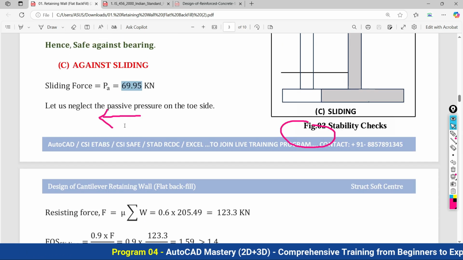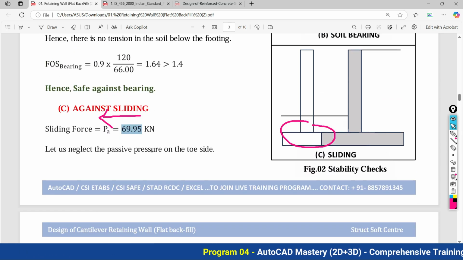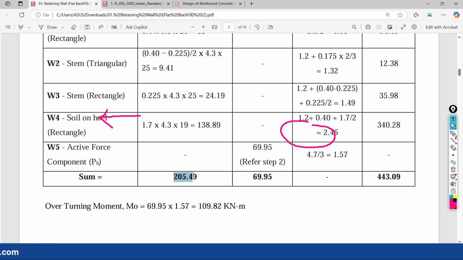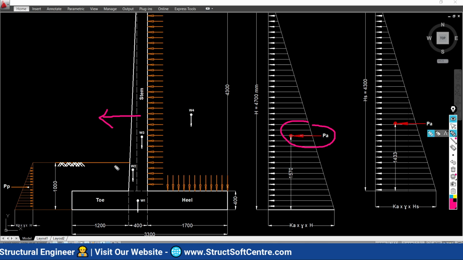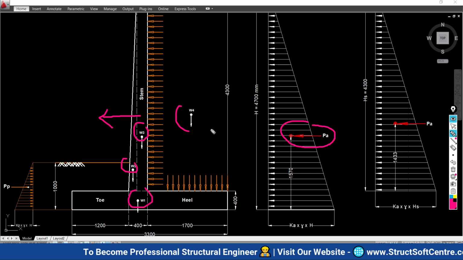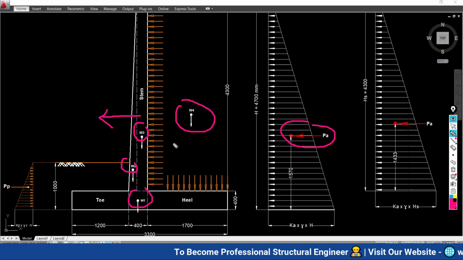So it is the weight concentrated in the gravitational direction, which we already have calculated here in the table. 205.49 is the weight concentrated in the gravitational direction. The summation of W1, W2, W3 and W4, this is the weight in the gravitational direction, which is resisting this lateral load.